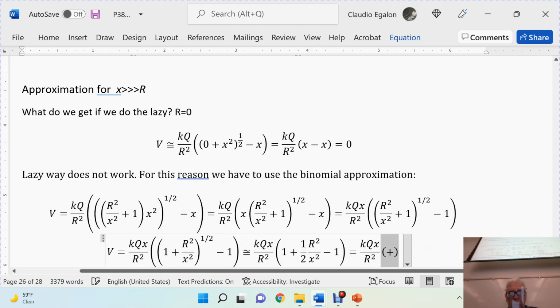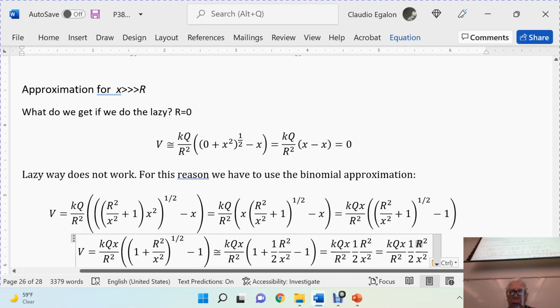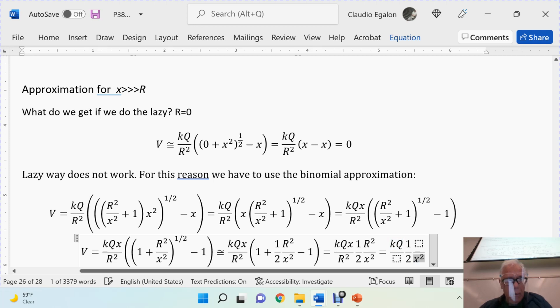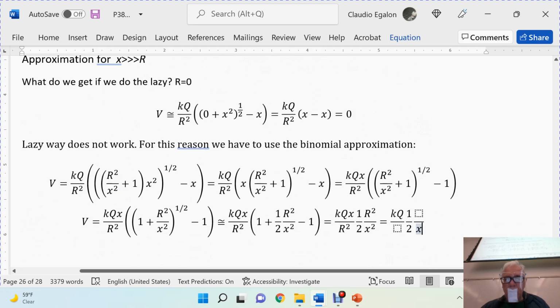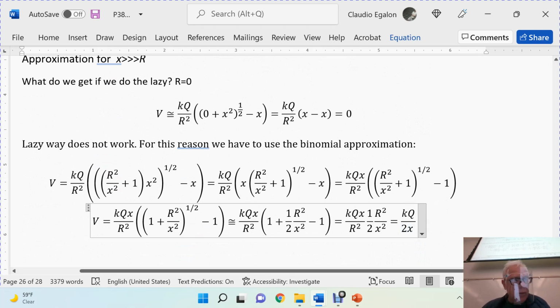Oh, the r squared cancels out with this r squared, and then this x cancels out with this other x. Okay, kq over 2x.